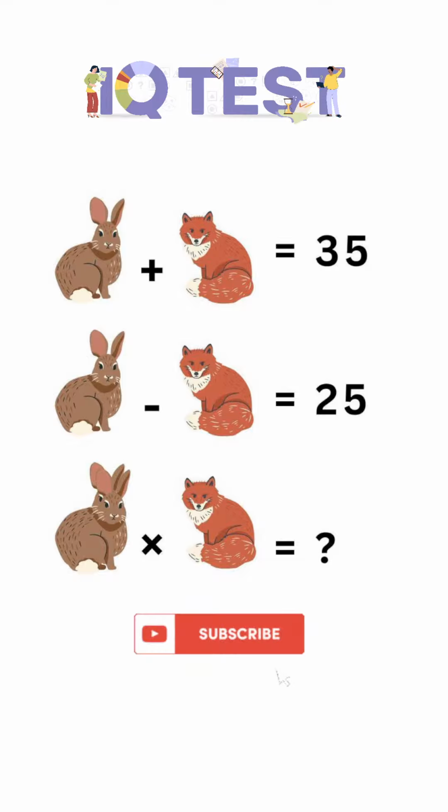So 2 rabbits is 60 multiplied by 5, and that will give us 300. So yes, the answer is 300. Very good. Yes, Lena, you are right. So let's look at the next one.